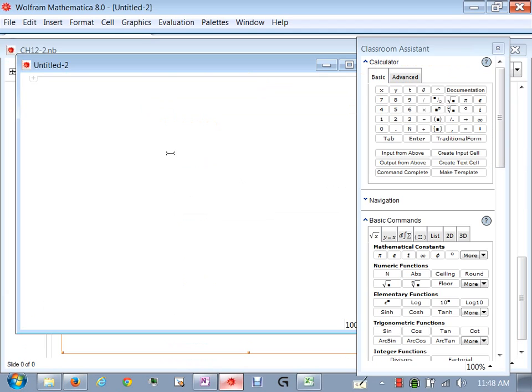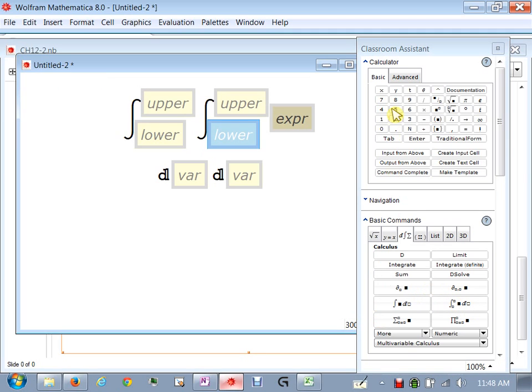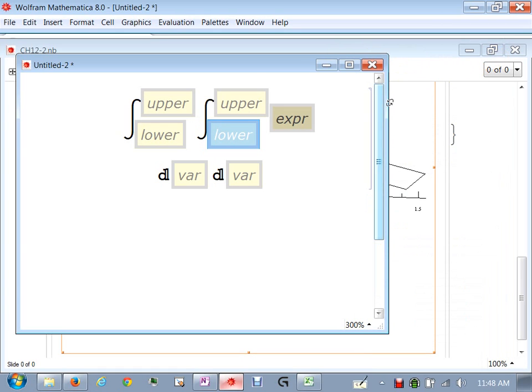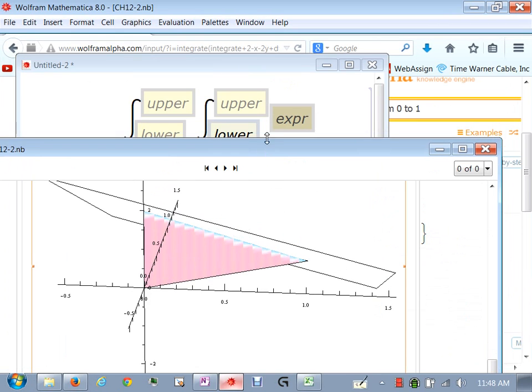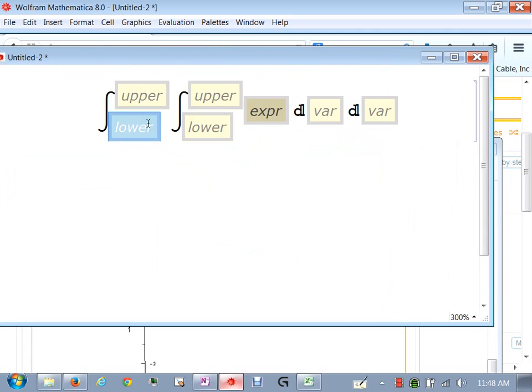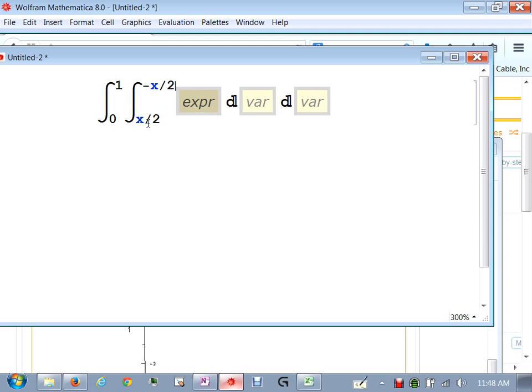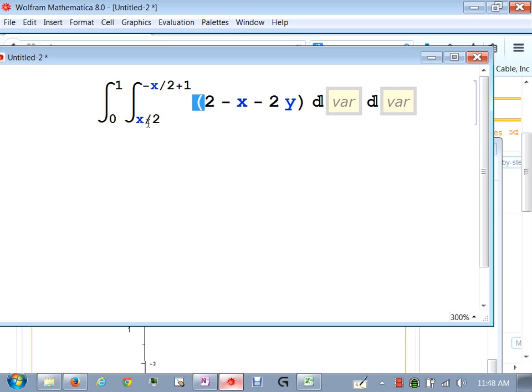Now let's see if Mathematica agrees with that, because I'm a little skeptical. So I'm going to do double integral. Blow this up for you. Okay, so we go 0 to 1, x over 2 to negative x over 2 plus 1 of 2 minus x minus 2y with respect to y with respect to x.